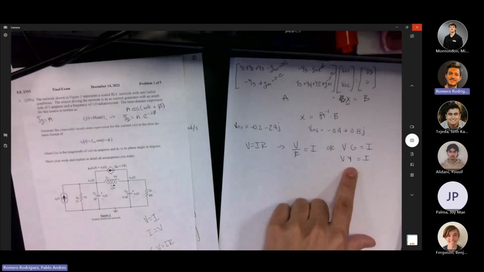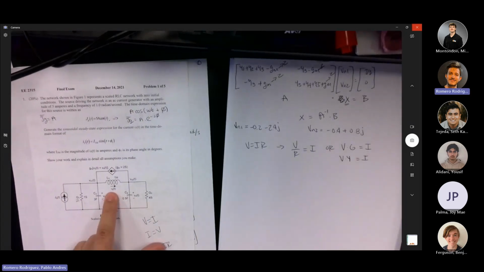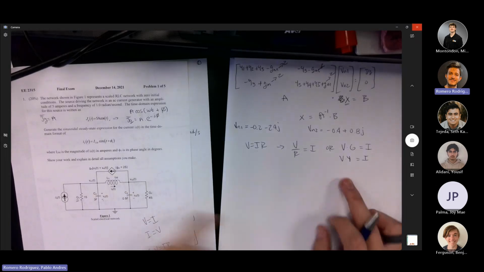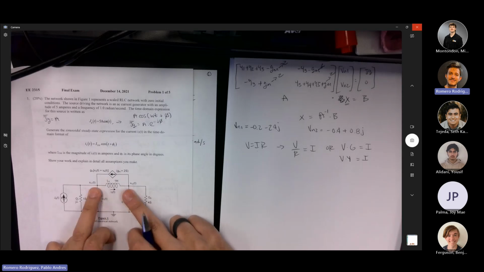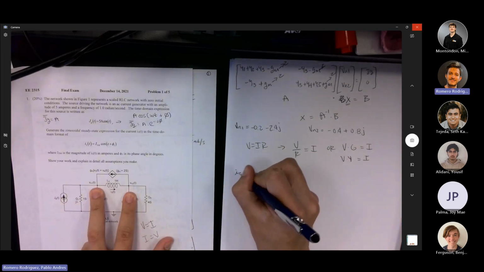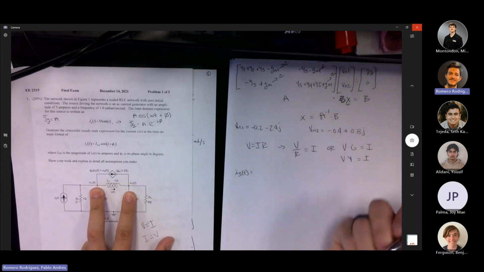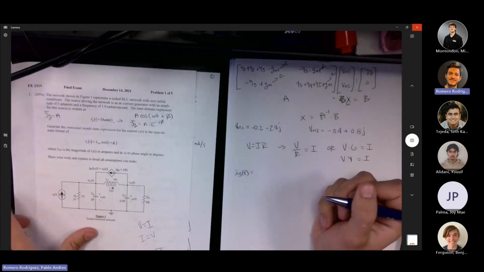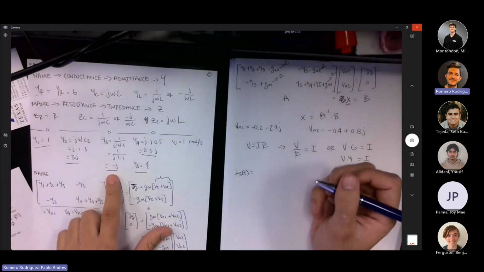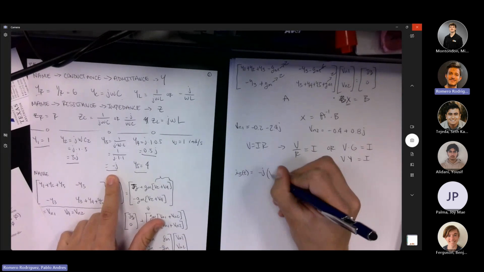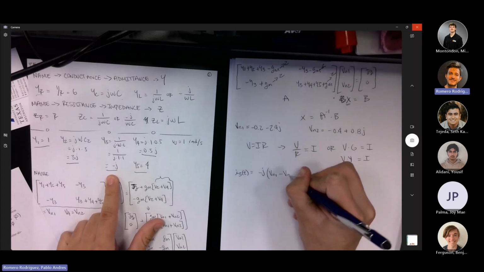So I know what its admittance is. I know the admittance of that guy. In theory, I just need to find the voltage across that guy. So what's the voltage across that inductor? It's Vn1 minus Vn2, right? So I3 of t is going to be equal to that admittance Y3, which is negative J, multiplied by Vn1 minus Vn2.